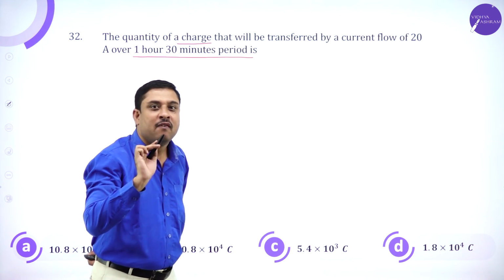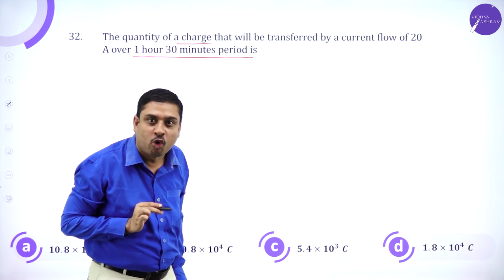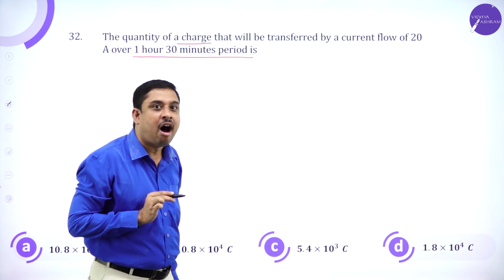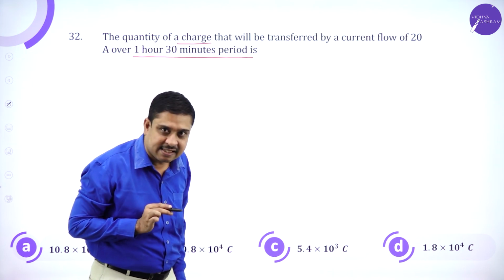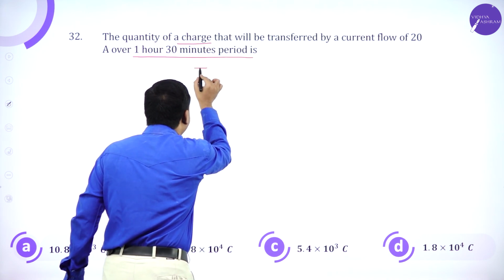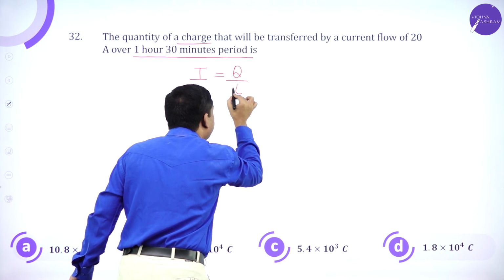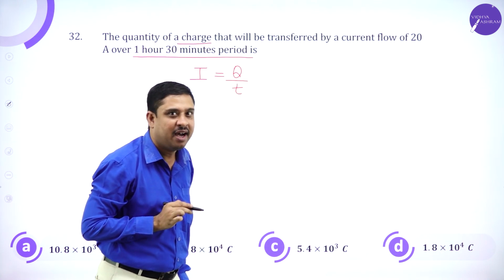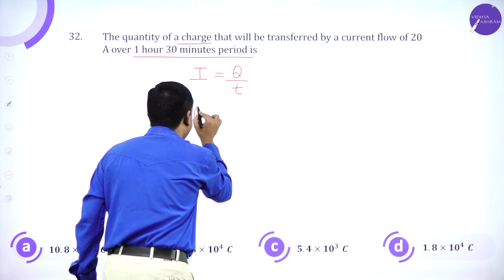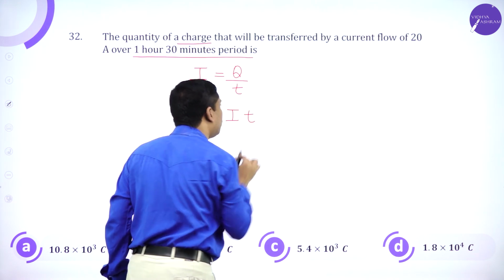When a current of 20 ampere flows in a time interval of 1 hour 30 minutes, how much charge is transferred? Definition of current, recall. I equals Q divided by T. Simple, no? I equals Q divided by T. So Q is I into T.